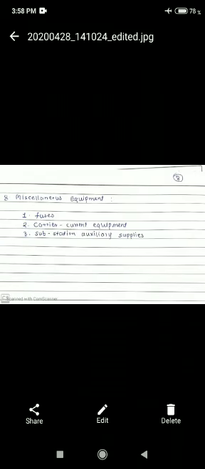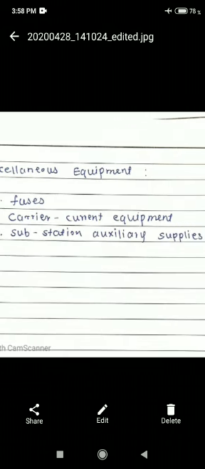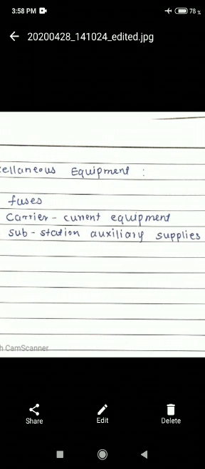Next are the other equipment used in substations for their proper operation: fuses, carrier current equipment, and third, the substation auxiliary supplies.